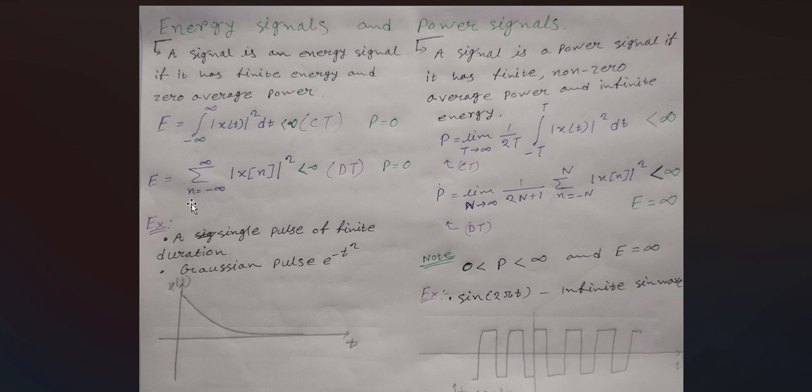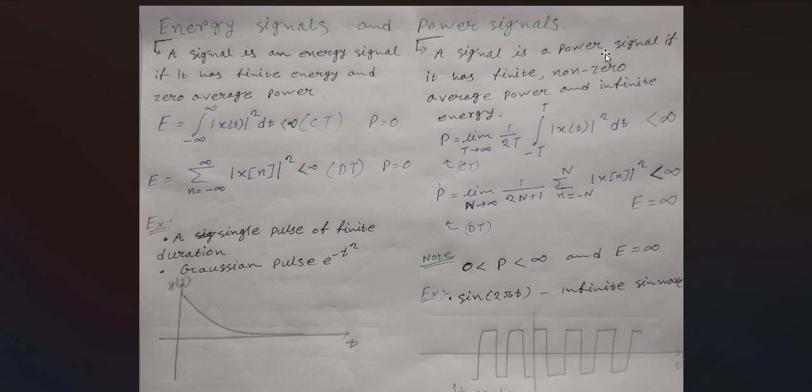For discrete, the equation is this, and for continuous, the equation is this. Examples: pulse of finite duration, Gaussian pulse, exponential e^(-t squared). Graph is here.